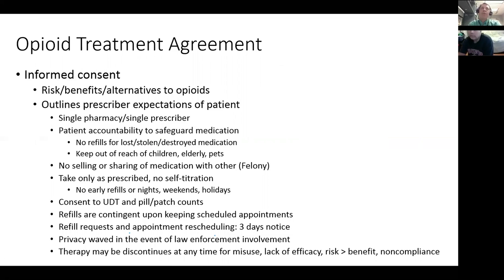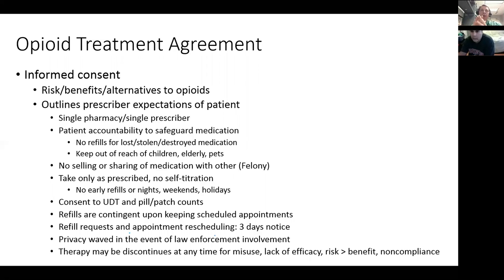I think opioid treatment agreements, a lot of people sometimes think they're about as useful as the paper they're written on, and unfortunately most of the time they're very one-sided. It's all telling what the prescriber expects of the patient, not necessarily what the patient should expect from the prescriber. Many times there's not enough thought given to the reading level and the medical jargon.